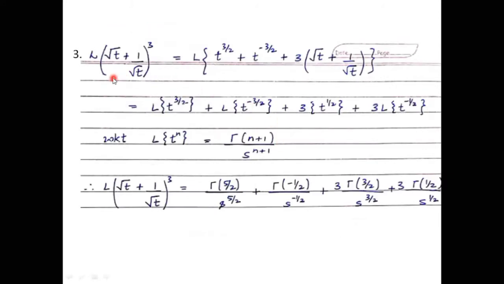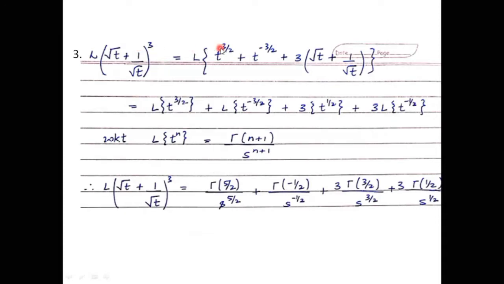Next problem. Laplace transform of root t plus 1 by root t, whole cube. I have just used the formula of a plus b whole cube. What is a plus b whole cube? It is a cube plus b cube plus 3ab into a plus b. Here a is t power half, b is t power minus half.